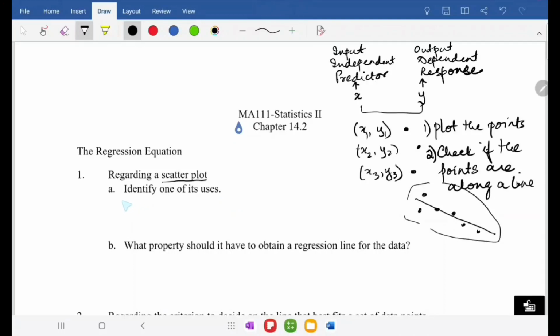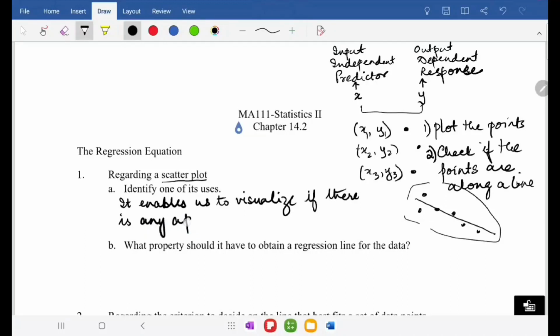It enables us to visualize or to understand if there appears to be any relationship between the x and y variables.